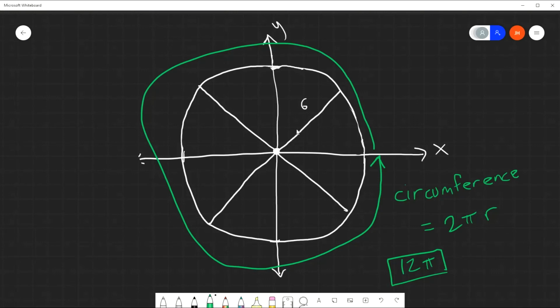Now, the last thing I'm going to show you here is, check this out. If I take this radius that I drew here and I drop the line on down, what do you see there? You see yourself a triangle. Triangles appear all over my circle.